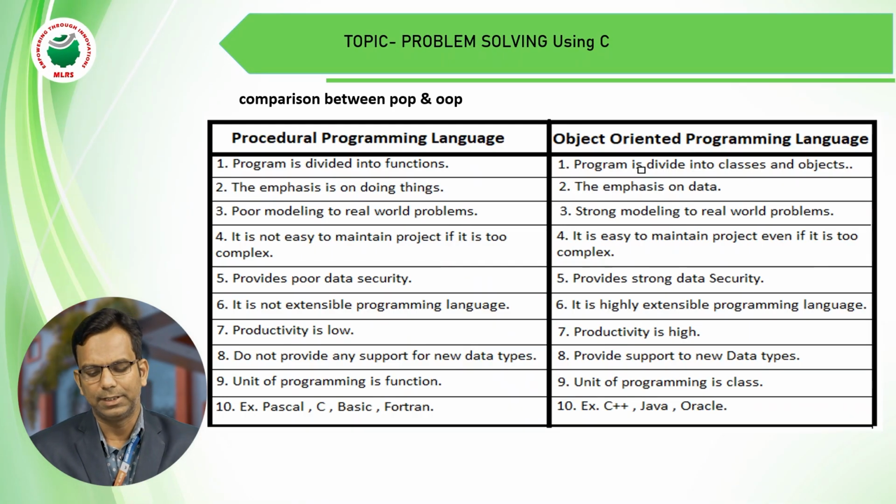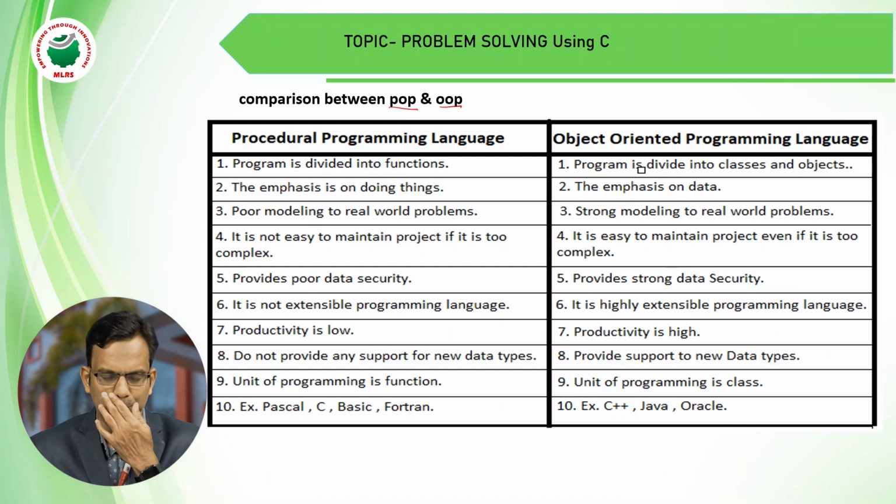Next, it is time for a comparison between procedure oriented programming system and object oriented programming system, POP and OOP. In the procedure oriented programming system, the program is divided into different types of functions, whereas in object oriented programming, the program is divided into classes and objects.